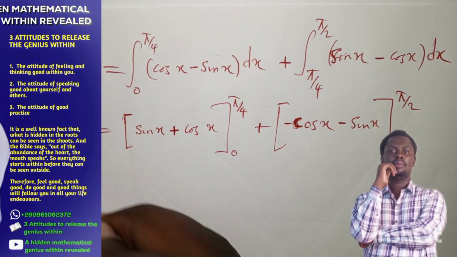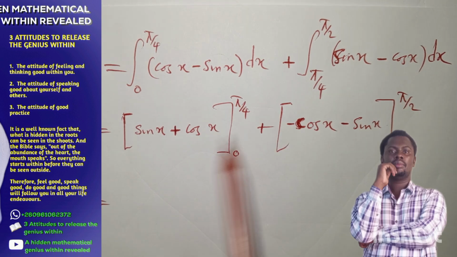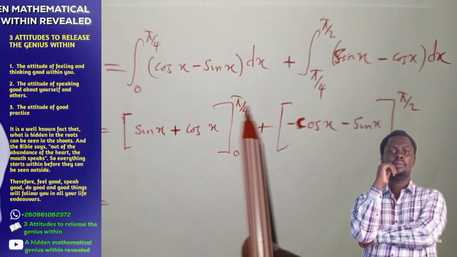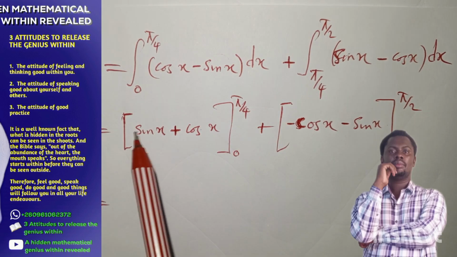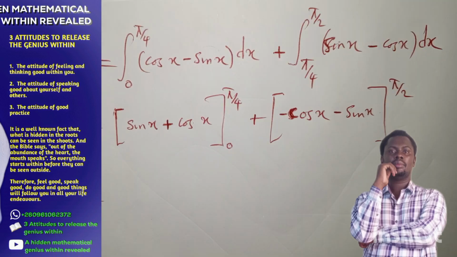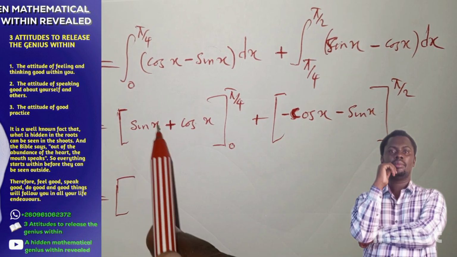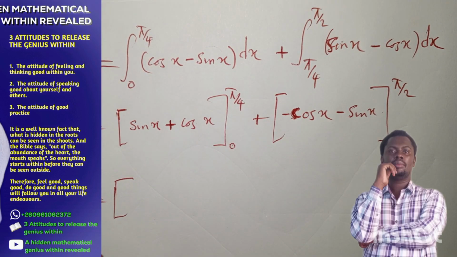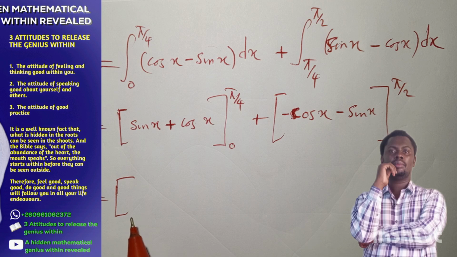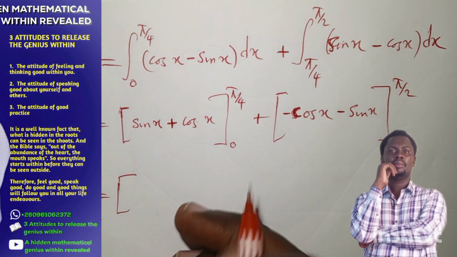So area is equal to, the first one, we have the first limit, pi over 4, you replace pi over 4 there, then minus, we replace 0 there. So the first one will be sine pi over 4, that is sine 45, you get 1 over square root of 2. I'm sure you remember that from special angles.